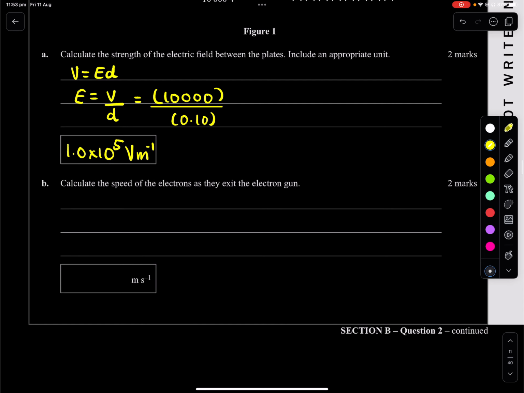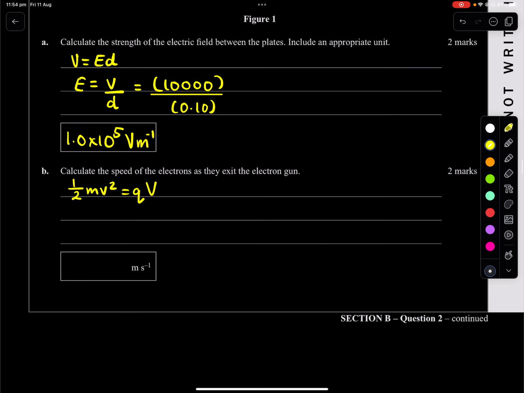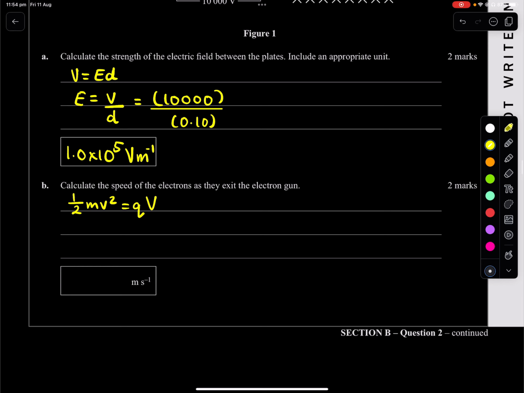Calculate the speed of the electron as it exits the electron gun. The formula for that is half mv squared equals qV. We want the velocity v, so v squared is equal to 2qV over m.